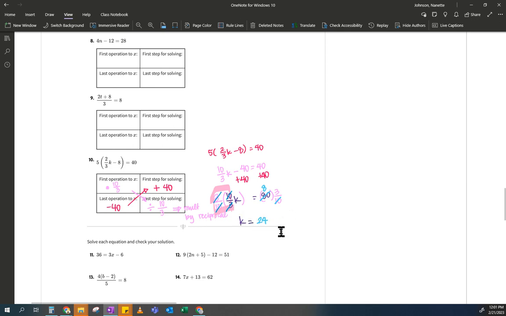Okay, so again, this is the redemption chapter, right? The redemption chapter means that I can check my answer. So I'm going to take my 24 and plop him in right there and see if he's right. Okay, so this is me checking now. First I'm going to just copy the original equation.